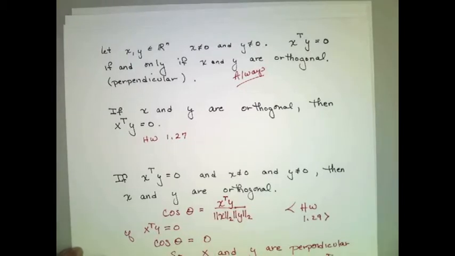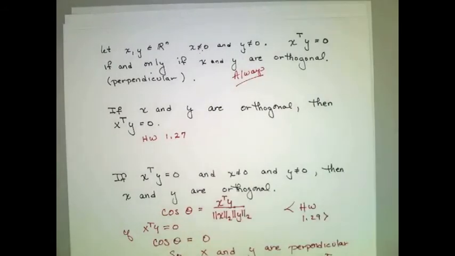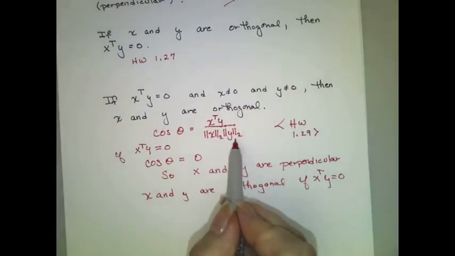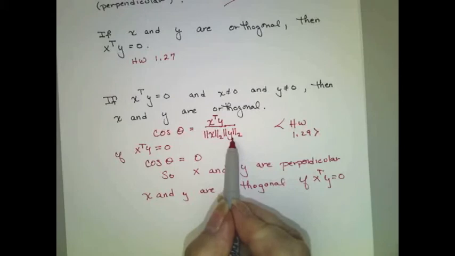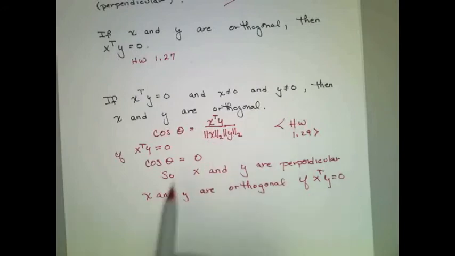There's one other thing though, this piece about them both being non-zero. Well, we needed it even to make sense of our formula here, because if one of them was 0, then we would be dividing by 0 since the length of the zero vector is 0, so it wouldn't make any sense.